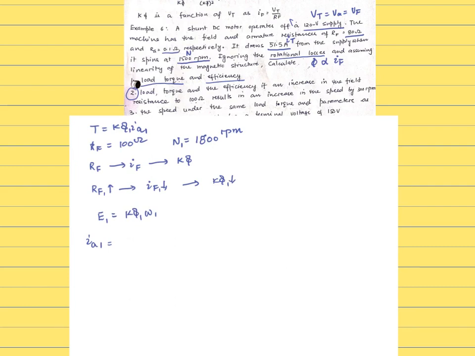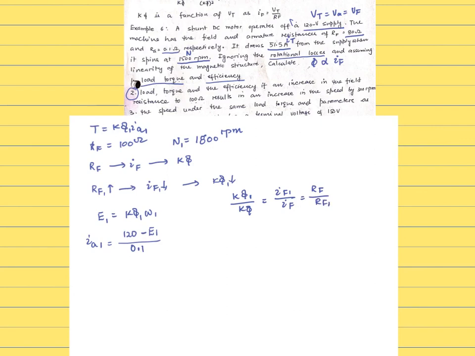All right. So what I was saying is VA is going to remain constant, right? Because VA is 120 volts. So 120 minus E1 over RA, which is going to be constant as well, 0.1. So this is what we're going to be doing. Okay, so in order to reach K phi 1, we're going to use the proportionality, saying K phi 1 over K phi equals IF1 over IF equals RF over RF1.